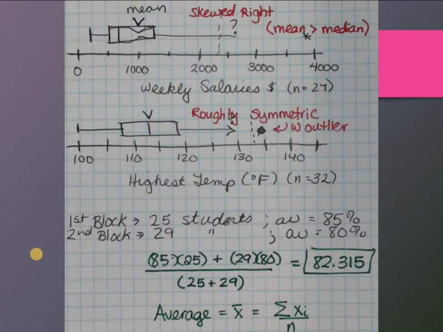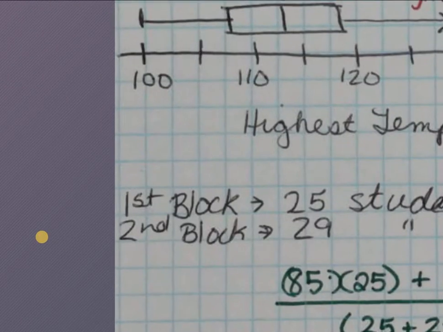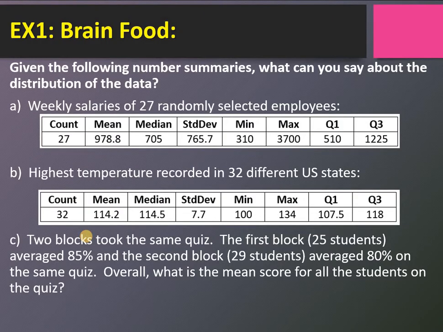And when we calculate our fences, wherever they may be, what did you come up with for your fences? When you did IQR times 1.5 and subtracted that from Q1, what did you get?